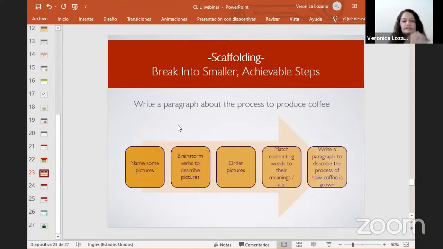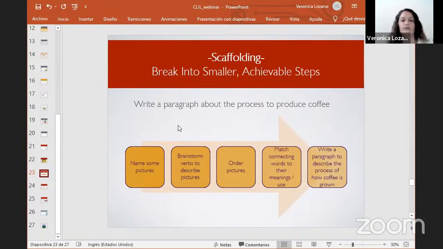For example, first they can name some pictures. So you brainstorm some vocabulary. Then you can use a web chart to brainstorm some verbs to describe pictures. They already have some pictures, some ideas, then they have the verbs. Then you could have an activity in which they order the pictures, right? So they have some idea now of the process.